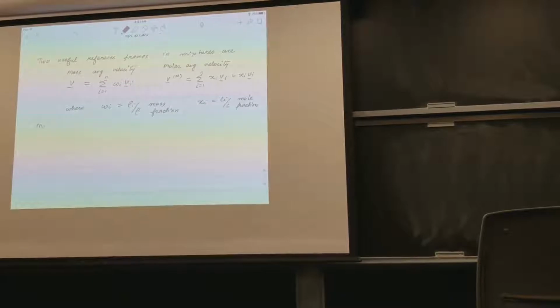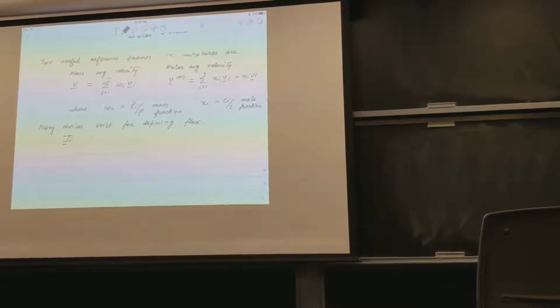So many choices exist for defining flux. So capital Ji is the molar flux with respect to mass average velocity. Capital Jim is the molar flux with respect to molar average velocity.